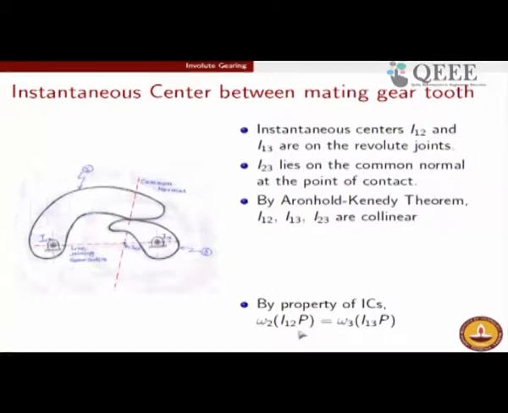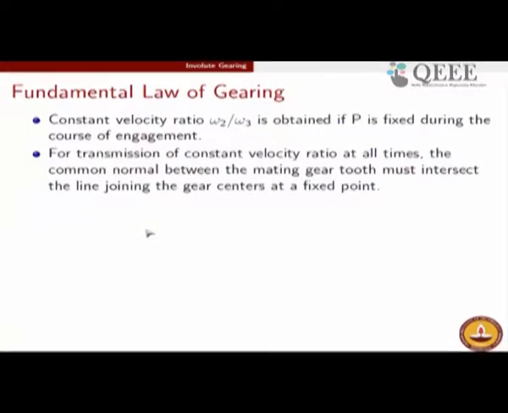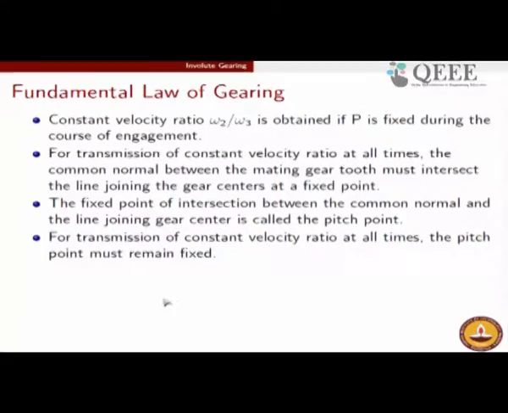In that respect, this point P is the pitch point, because the pitch point, as we defined in the last class, is the point of tangency of the two pitch circles. So, in this respect also the nomenclature of pitch point makes sense.